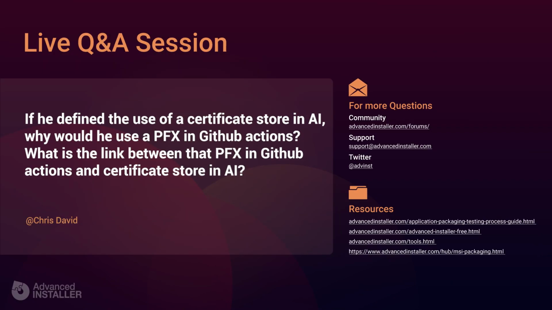Another question from David: if he defined the use of a certificate in AI, why would he use a PFX in GitHub Action? What is the link between that PFX in GitHub Action and the certificate store in AI? So in my local project in Advanced Installer, I also have the certificate, AI Gallery, the very same certificate that I'll be using in the GitHub Actions, also available in the certificate store.